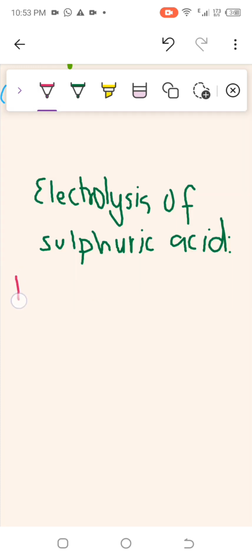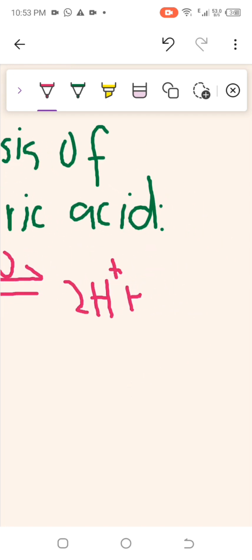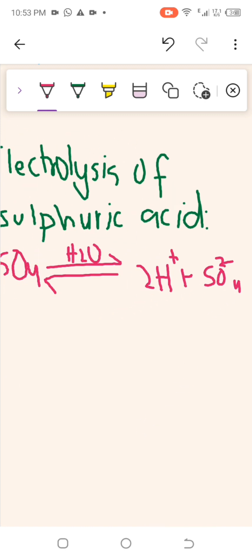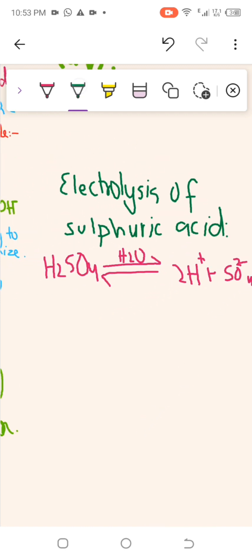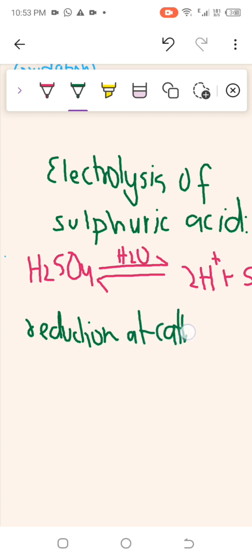ओके, तो हम क्या करेंगे? पहले तो we have sulfuric acid, H2SO4, which will break down in the presence of water and give 2H positive plus SO4 2 negative, right? So now here you can see first we will talk about the reduction at cathode, कैथोड पर रिडक्शन की बात करेंगे, then oxidation at anode. So as you can see, which one will be reduced?